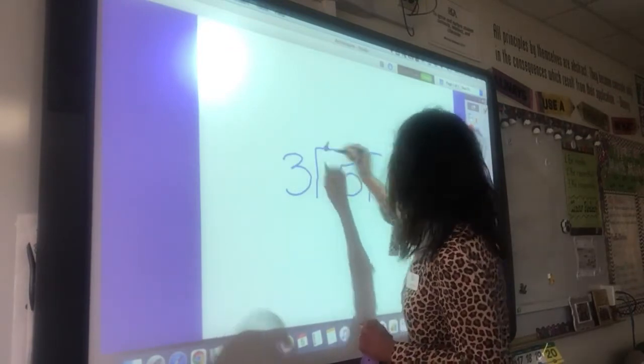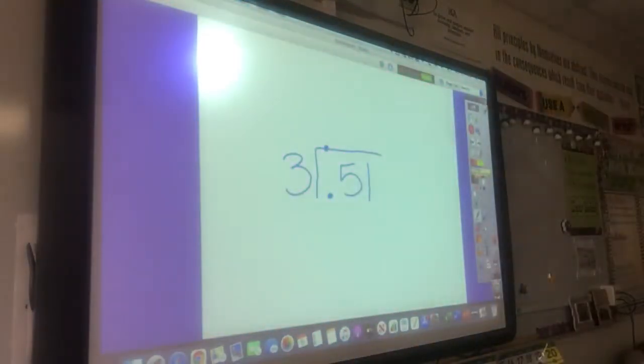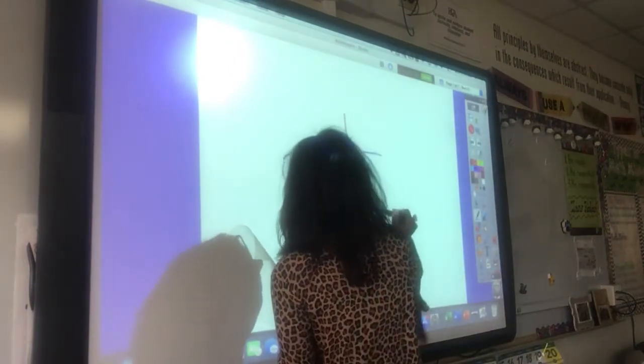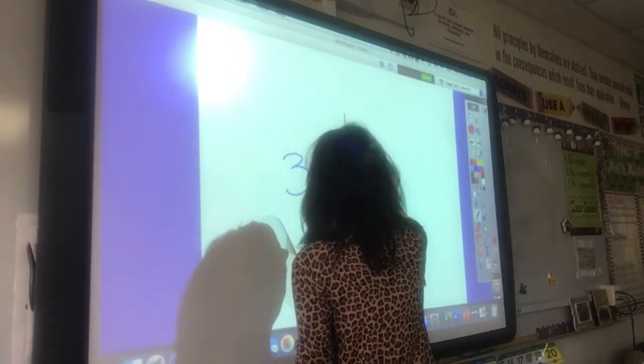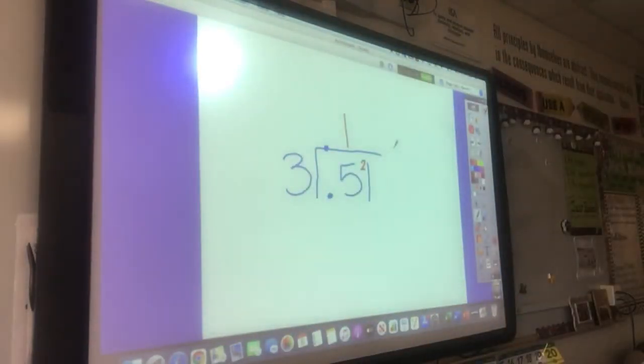First of all, our decimal point's coming up. Then we're going to start by putting 3 into 5. So how many times can we put 3 into 5, Annika? 1, with 2 left over. So remember, the 2 goes here. And then the next time, we're putting 3 into 21. And so what would that be, Hannah? 7. So our answer is 0.17.